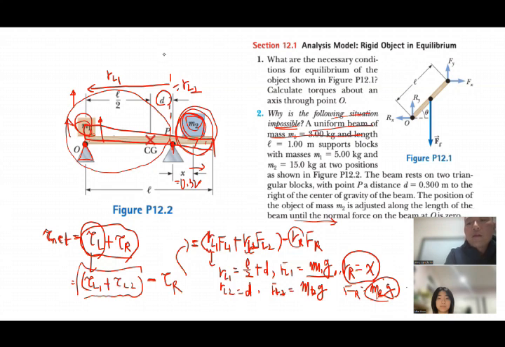That's the two problems from section 12.1.